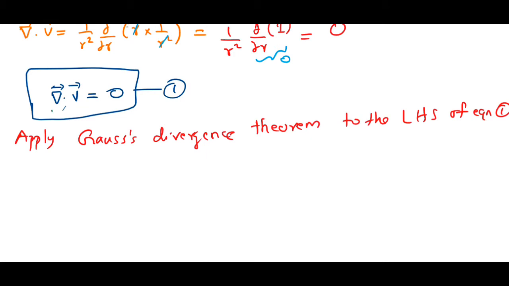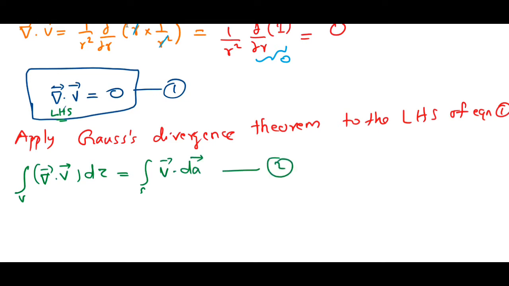Taking the LHS of equation 1, del dot v, and applying Gauss's divergence theorem: the volume integral of del dot v d tau is equal to the surface integral of v dot dA, since the theorem converts a volume integral to a surface integral. Let me call this equation 2.